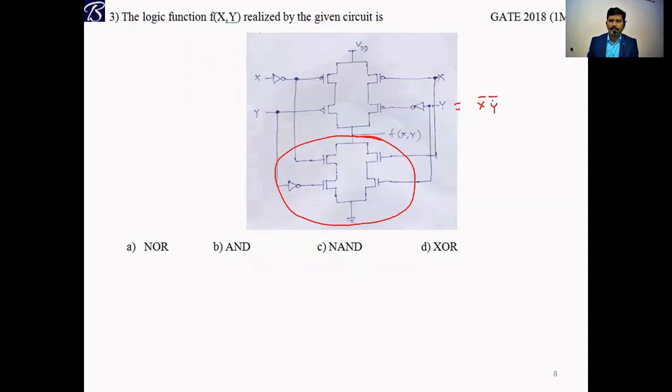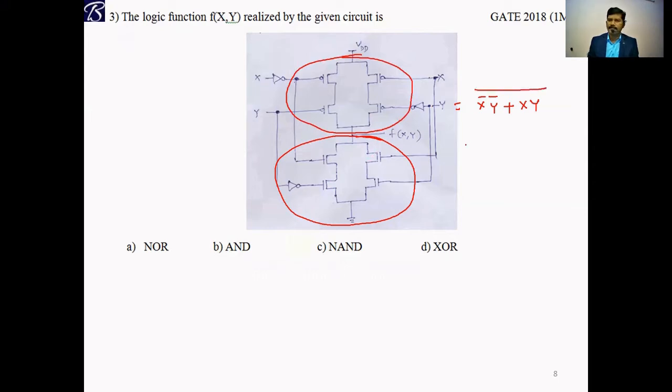Y bar, because both of these are AND operation, as they are in series. Plus, this input is X and this input is Y, directly connected. X Y. So X bar into Y bar plus X Y. This is the NMOS region. If you take this PMOS region, then take whole bar.